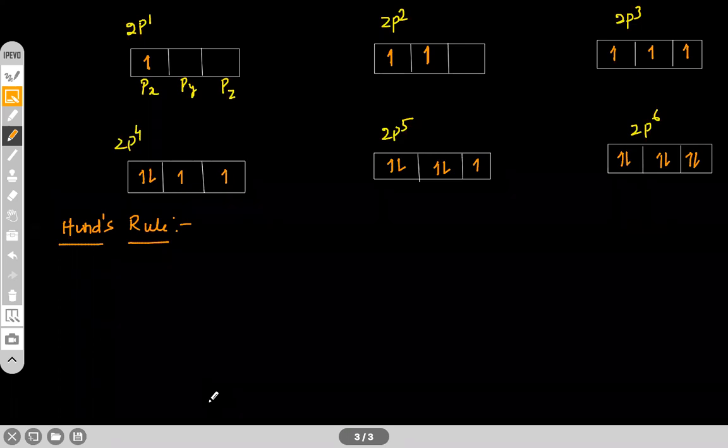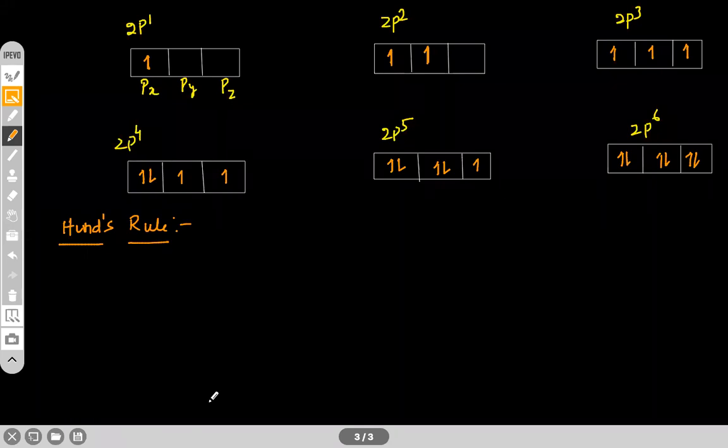I'll repeat. In an orbital, the pairing of electron is not done unless all the orbitals belonging to the same subshell are singly occupied.